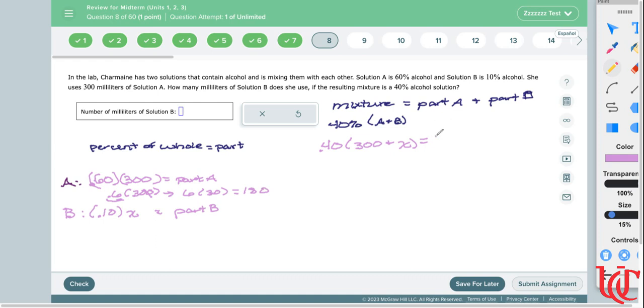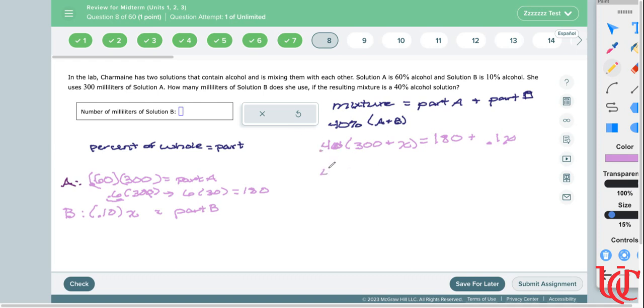So part A is going to be 180 plus, I don't know my B, but it's going to be 0.1x. I'm going to get rid of that 0 because it's just a placeholder. It's after the decimal, so it's just making things more confusing.